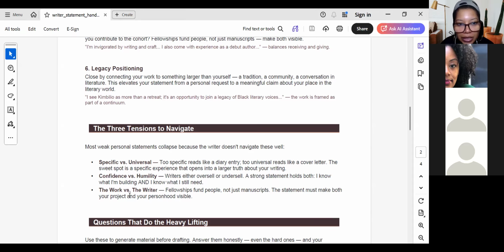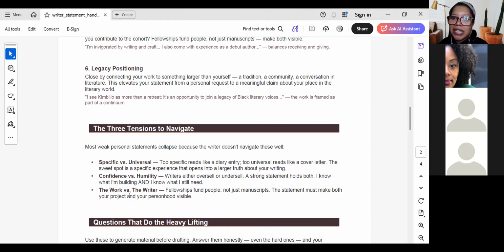Confidence versus humility. Writers either oversell themselves like they're the best thing in the world, or they undersell themselves like they're the worst writer in the world. Like, please, give me this opportunity. And it's like, no, you're looking for the opportunity, but you bring something to the table.